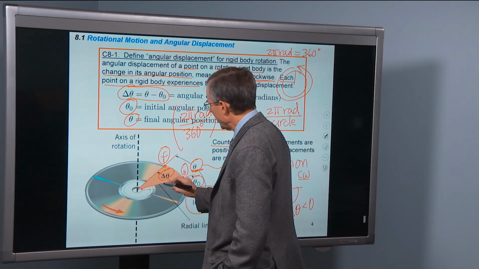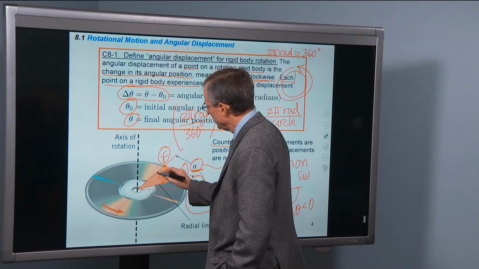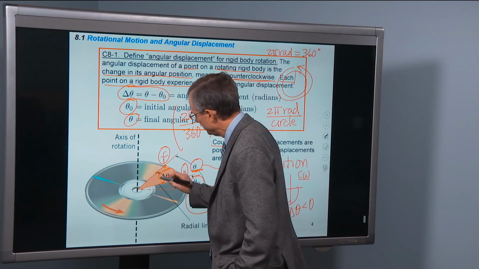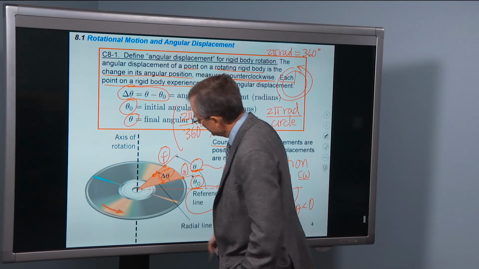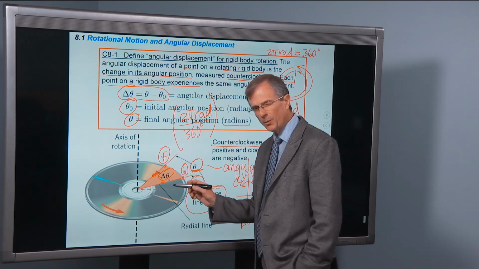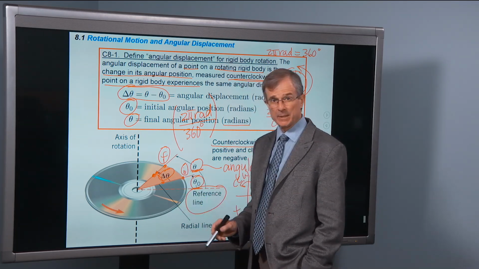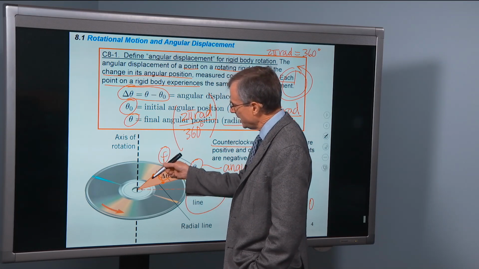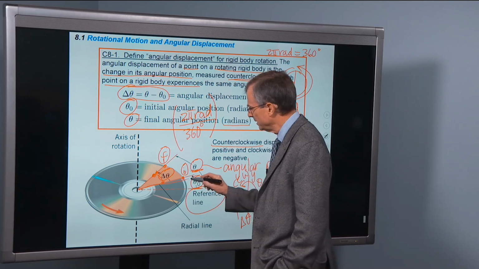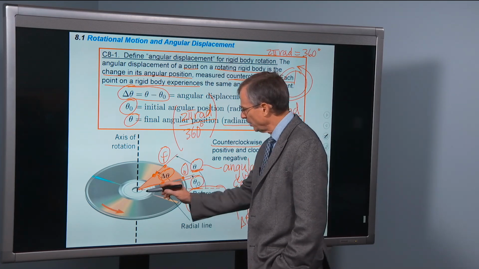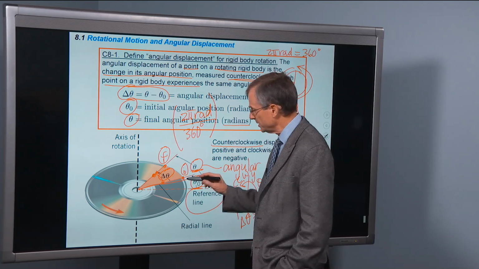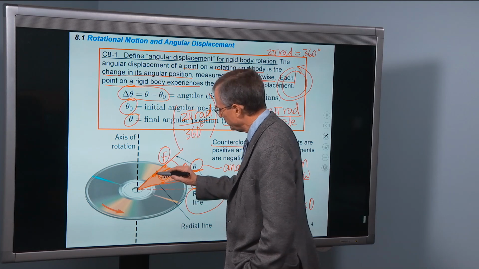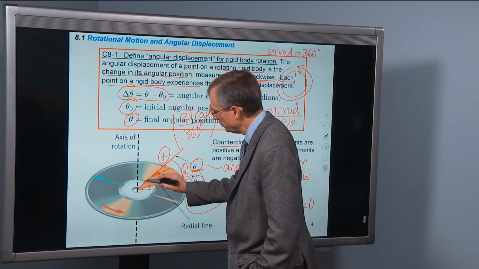Well, let's look at a point halfway between the center of the CD and the rim. What's its angular displacement during the same amount of time? Well, it moves through the same angle. This radius line moves through the same angle for this point halfway out as it does for this point all the way out. So the angle between here and here is the same as the angle between here and here, and the same as between these 2 points here.